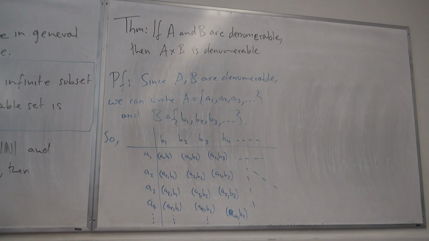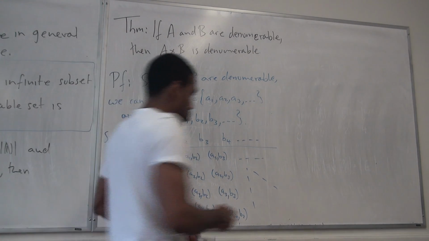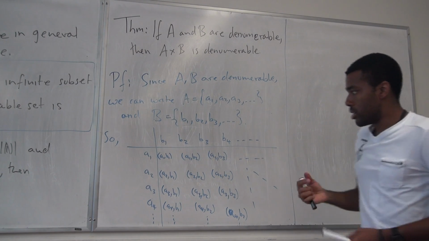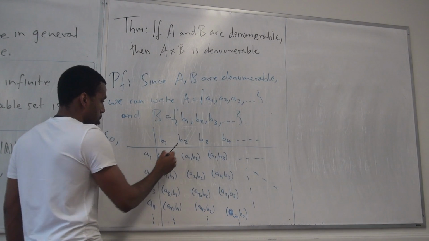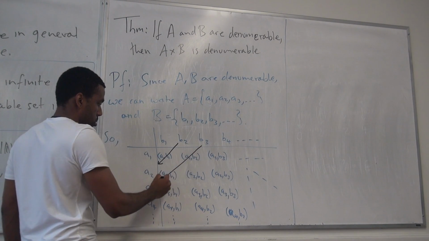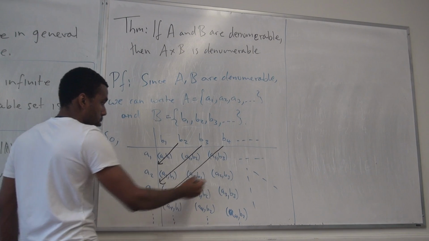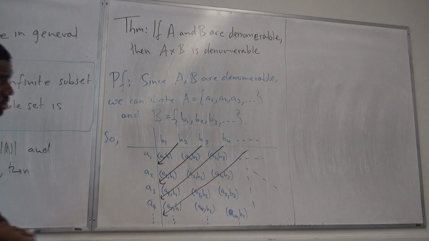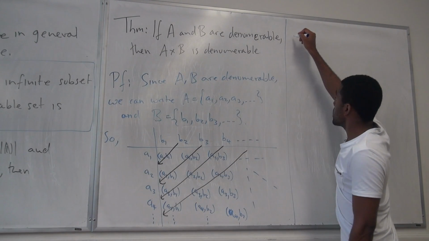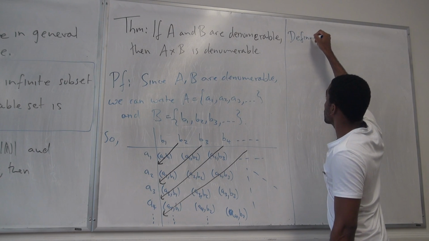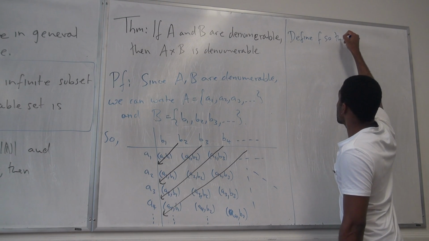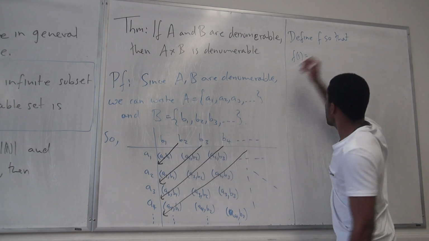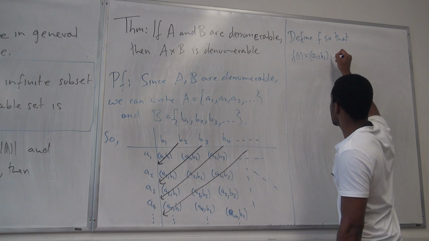And so now the idea is, how do you define a function that actually counts the elements here? Well, you can do it in the following way. Count along the diagonal here. That will actually define a function, right? So for example, I can define f so that f of 1 is going to be the first guy we hit, so that's going to be A1, B1.